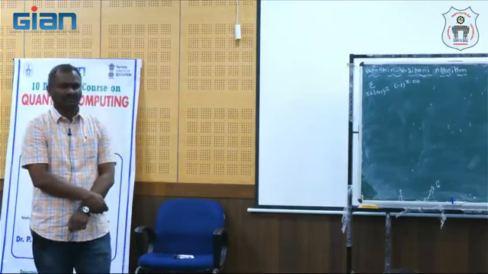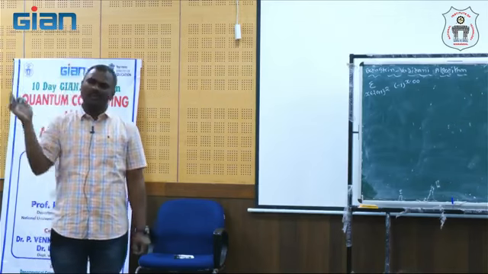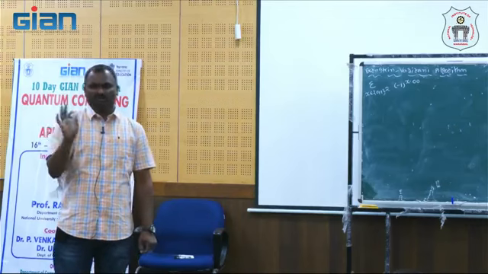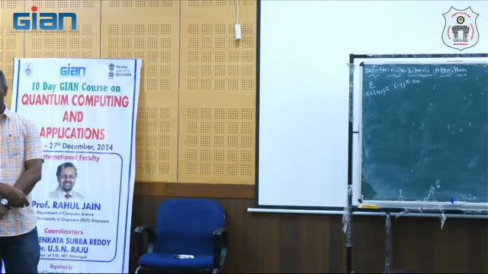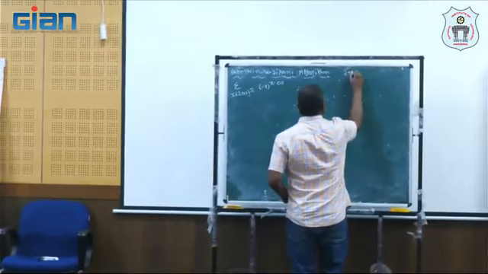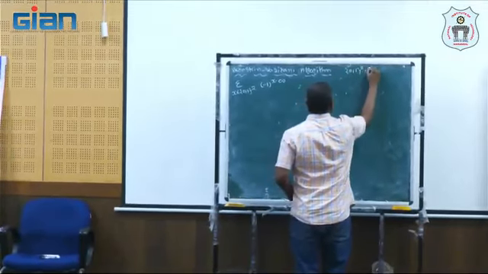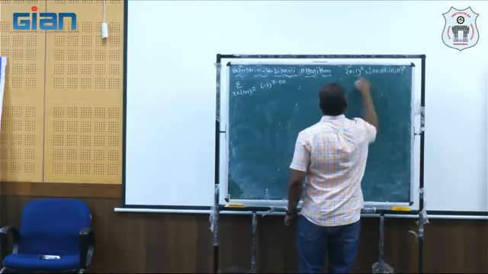If you expand, first of all, {0,1} whole square contains how many terms? 4. So {0,1} whole square is nothing but 0 0, 0 1, 1 0, 1 1. This is only the short form we are writing.